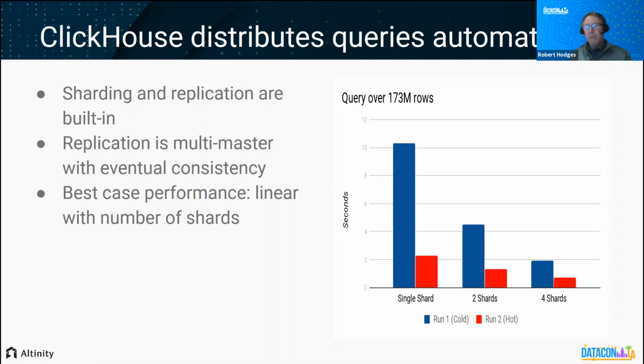So this is an example in this graph where the blue lines are from a cold run where I'm forcing it to read from storage. And you can see that as I go 1, 2, 4, it basically drops off 50% each time. The hot runs are where we've allowed the data to come into memory, and because there's still CPU time involved here, we still get linear scaling.